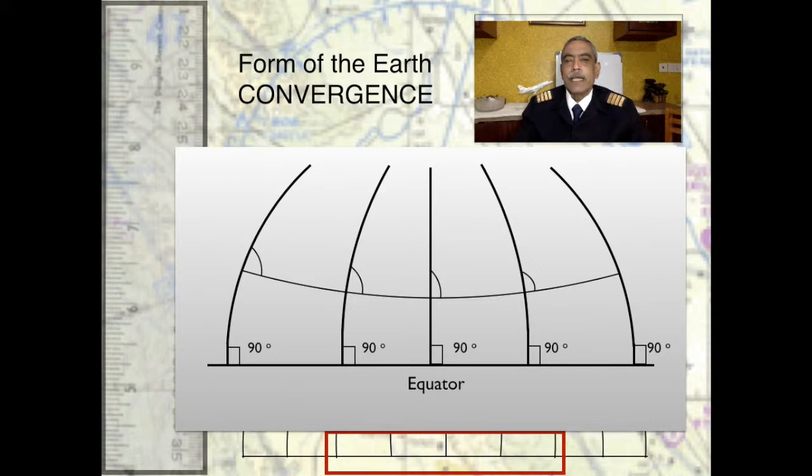In fact, all the longitudes will cut the equator at 90 degrees, which is what I have shown here. And as you go towards the north or south, there is going to be an inclination or a tilt towards the pole, which is what we defined as convergence.